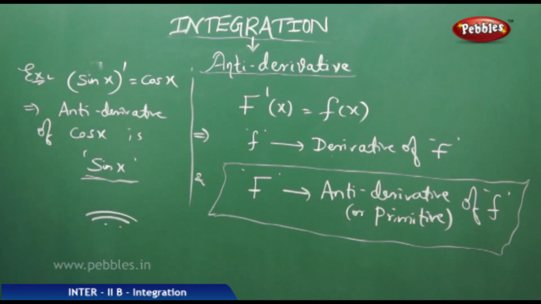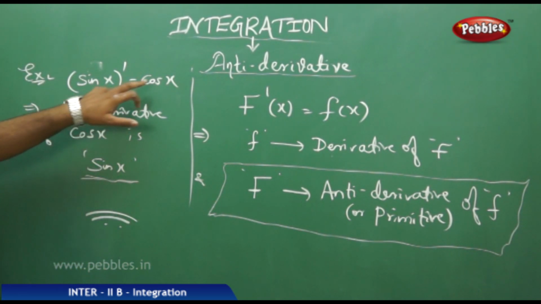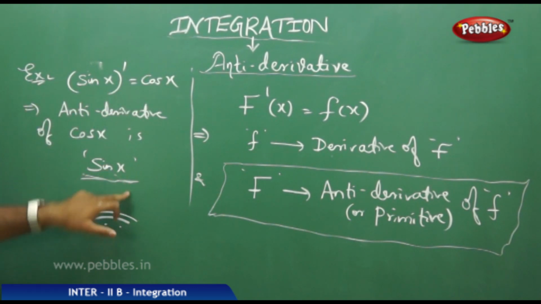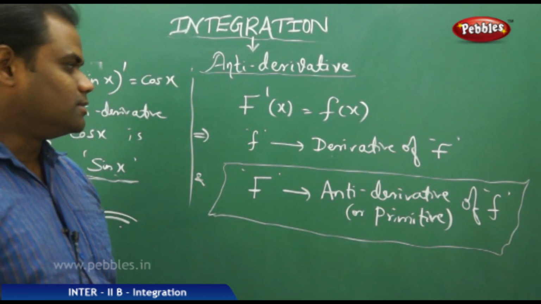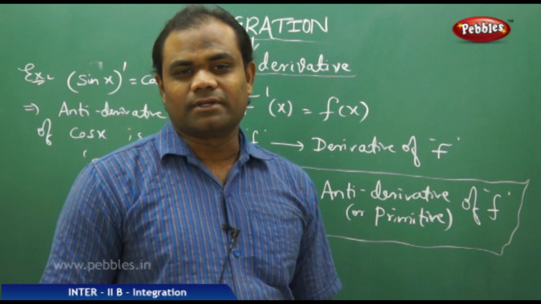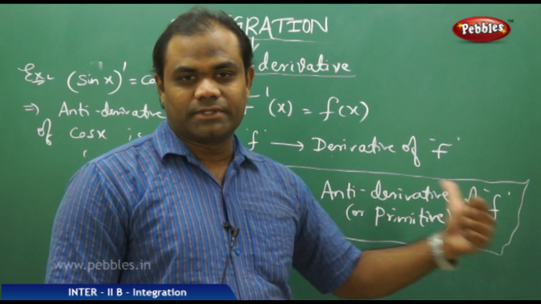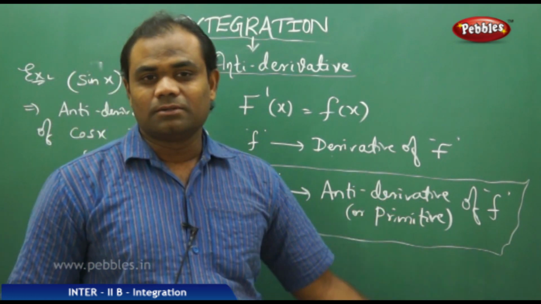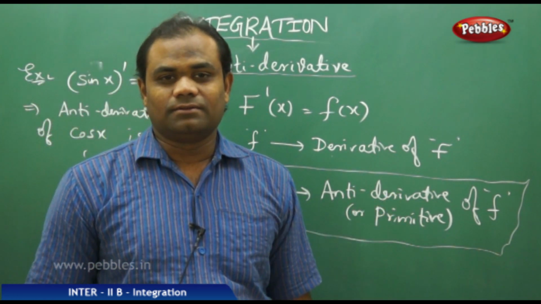This is how we understand that the derivative of sin x is cos x and the antiderivative of cos x is sin x, the derivative and the antiderivative connected with the reverse process. Antiderivative is also called the primitive of the function.